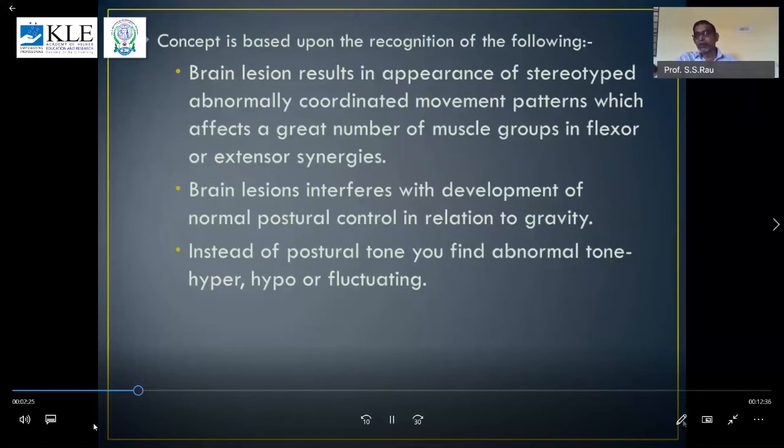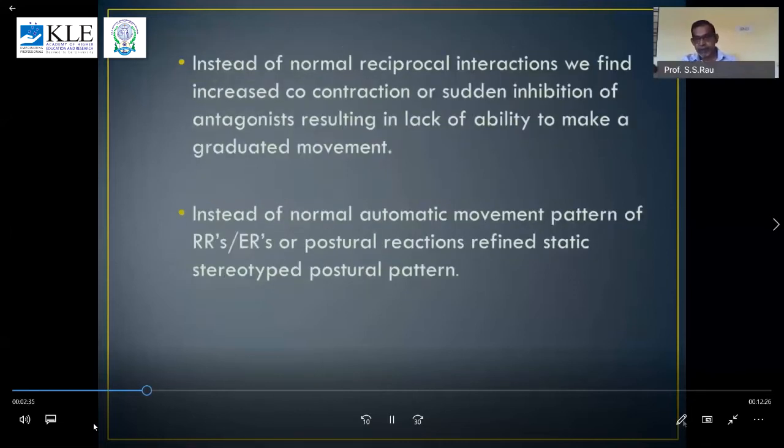Instead of normal postural tone, what we get is abnormal tone, which could be hyper, hypo, or a fluctuating sort of tone, sometimes hypo, sometimes hyper. And instead of normal reciprocal interactions, we find increased co-contraction or sudden inhibition of antagonists, resulting in a lack of ability to make a graduated movement.